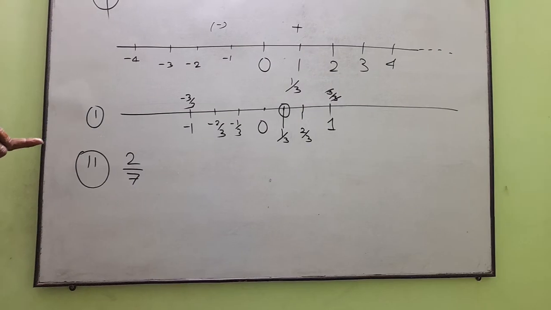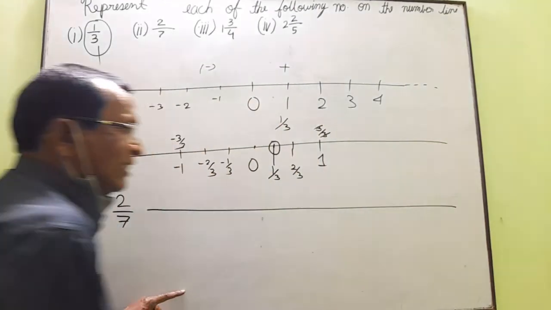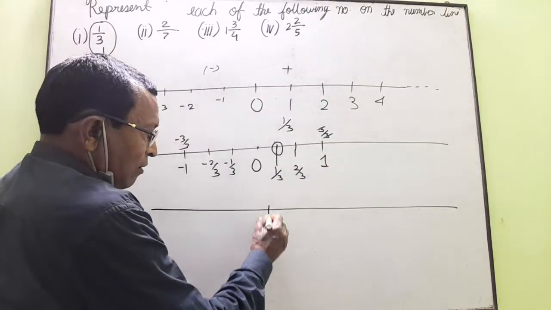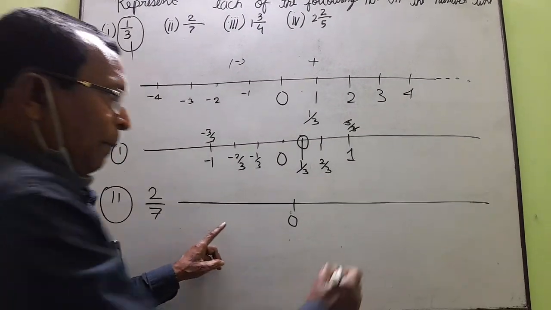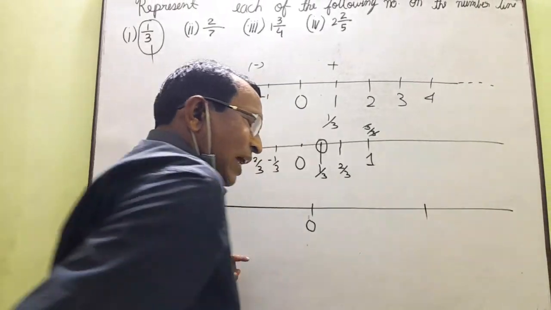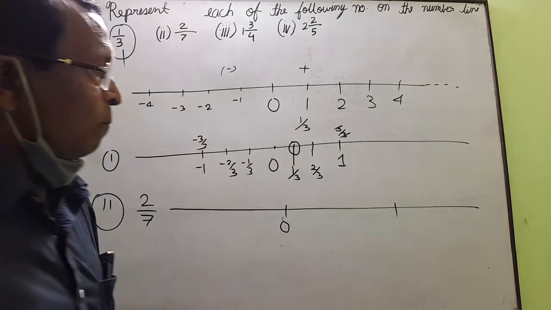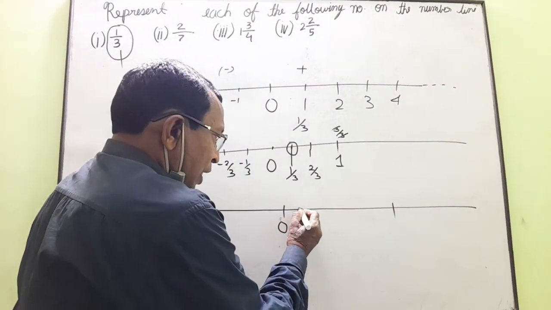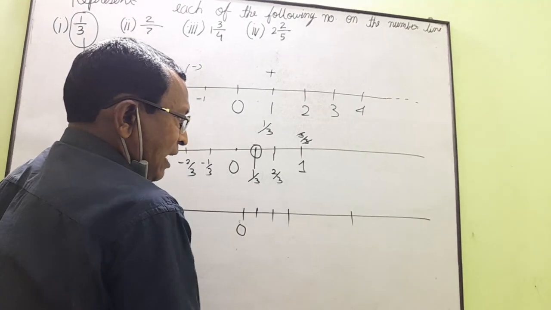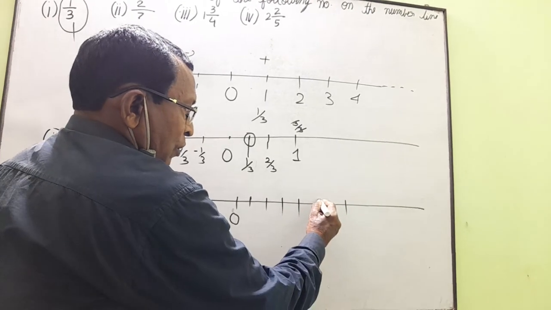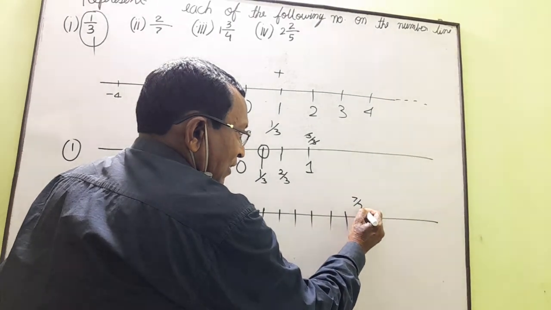As I told you earlier, you will have to change it here. You mark origin 0 and you represent 1 in such a way that the distance from 0 to 1 is divided into 7 equal parts. So it will be 1 by 7, 2 by 7, 3 by 7, 4 by 7, 5 by 7, 6 by 7, and 7 by 7, or 1.